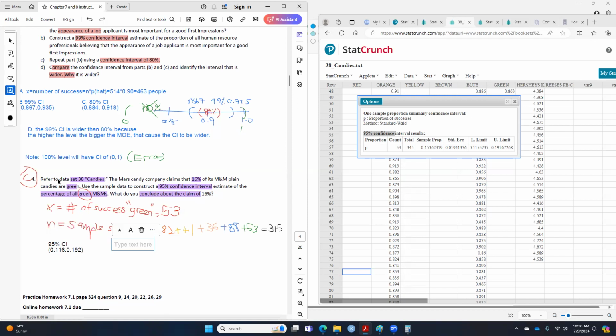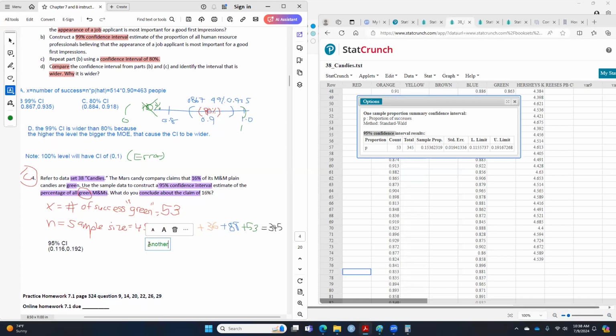Here is another way to do it. So I'll show you another way here. If you want to do this, first delete the Hershey and the Reese's.